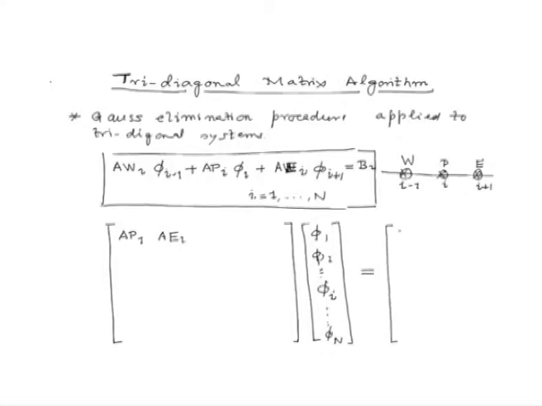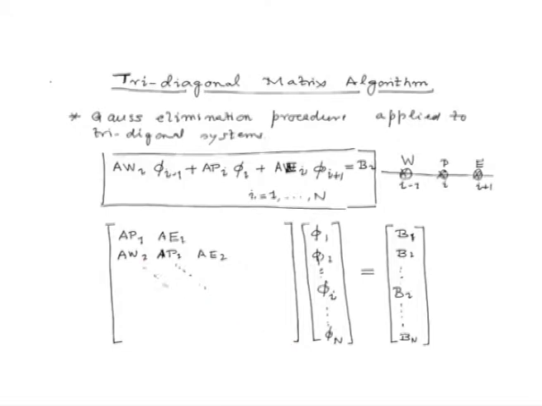On the right hand side we have got B 1, B 2 and so on, B I up to B n. Let us complete our tri-diagonal structure of the matrix. So, in the second row we will have AW2, AP2 and AE2 and so on.